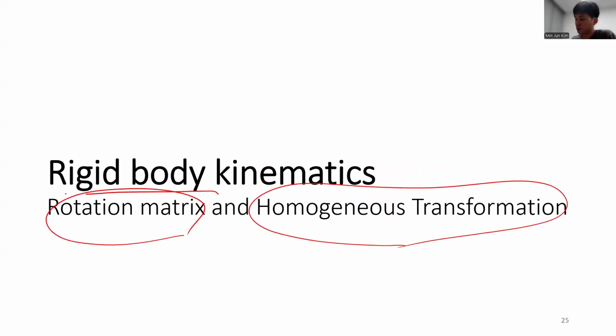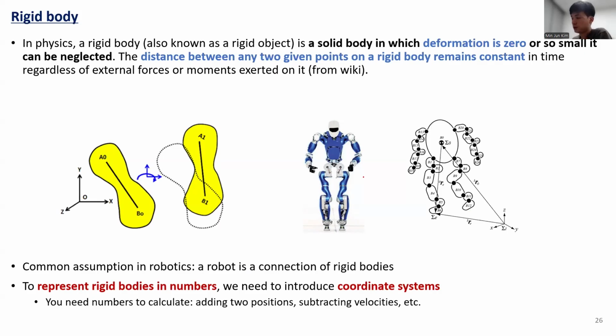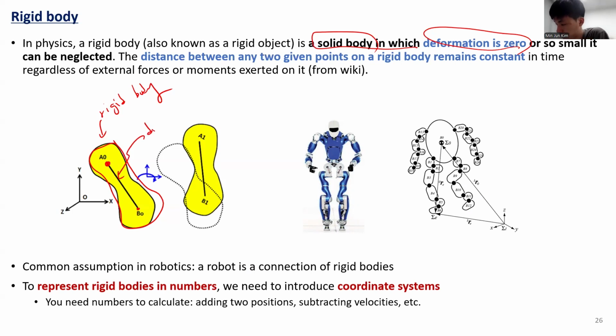So what is a rigid body? We are doing rigid body kinematics, right? In physics, a rigid body is a solid body in which deformation is zero. Let's say this is a rigid body. Then the distance between this point and this point, basically any two points, is fixed.